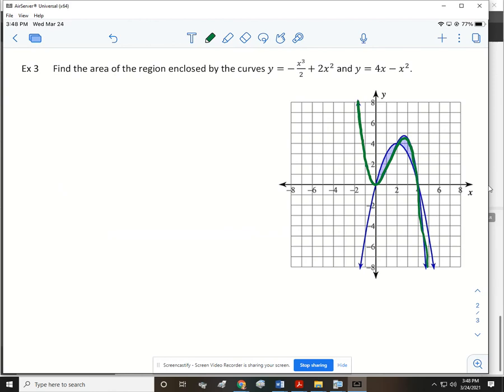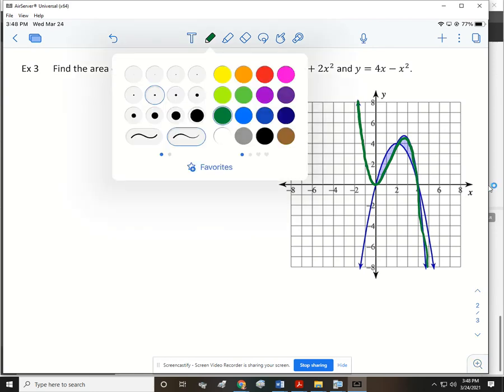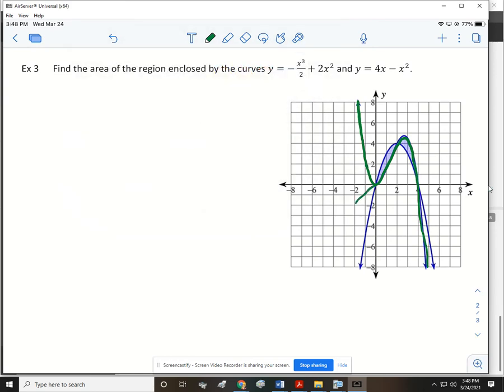Right, now this one, it works out nice and beautiful that I can tell that my boundaries occur when x is 0, when x is 2, and then when x is 4. All right. So for my area, we'll just start with the first region. The integral needs to go from 0 to 2.